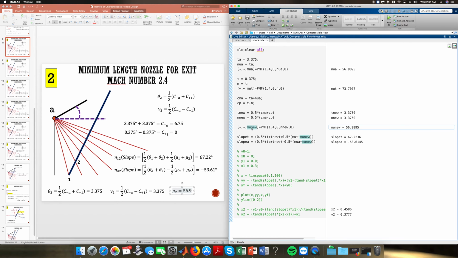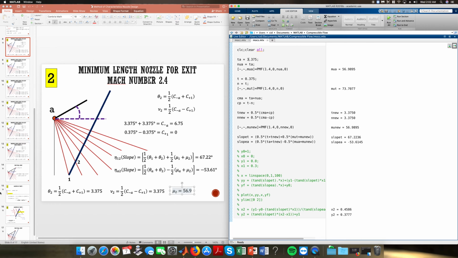So once I do that, then I can program the slope. So slope is basically half of theta 1, which is basically t in here, and t2, that's our reference points, that's my theta, nu, then mu t, mu nu, and so on and so forth, right? Now all I did is, I did it for 3.375 at point 2, and I'm getting all these values.